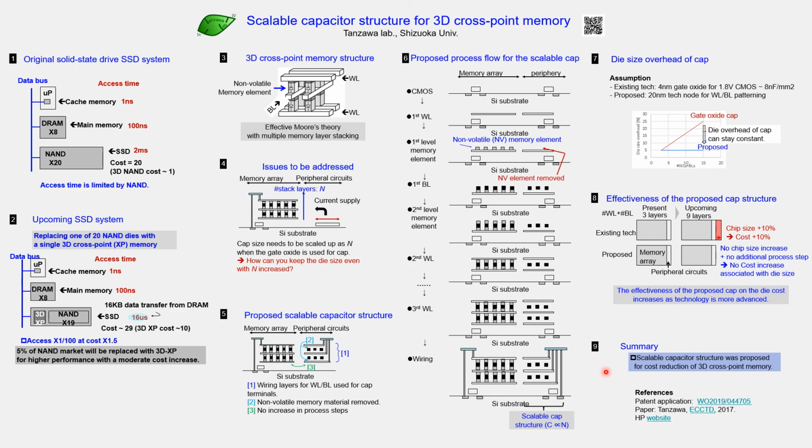In summary, in this presentation, I proposed the scalable capacitor structure to reduce the cost of 3D cross-point memory, which will be used as a buffer memory for NAND flash memory, which is considered 5% of the NAND die market will be replaced with 3D cross-point memory, which is of course huge.